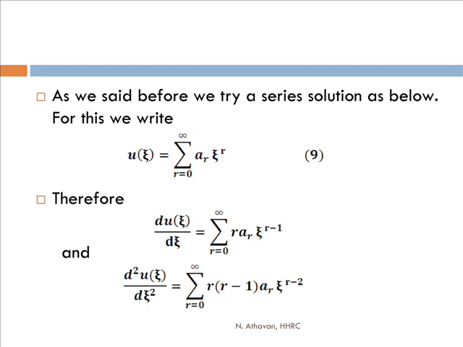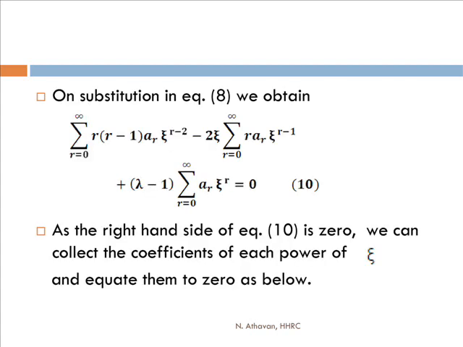So we write u of xi as summation running from r is equal to 0 to infinity a r xi power r. Therefore, du by d xi takes this form and d square u by d xi square is given like this. Substituting expressions for these two derivatives in the equation, we get this final form.